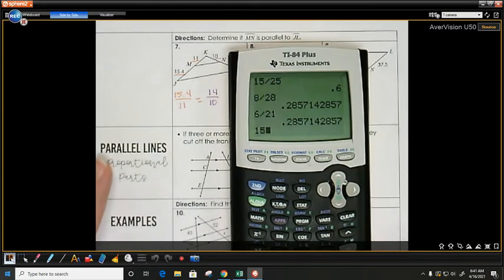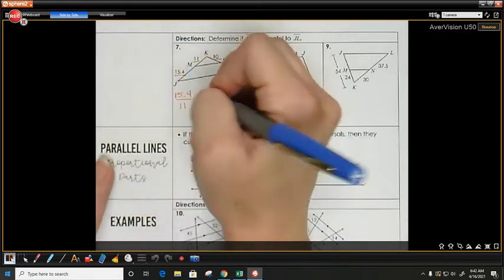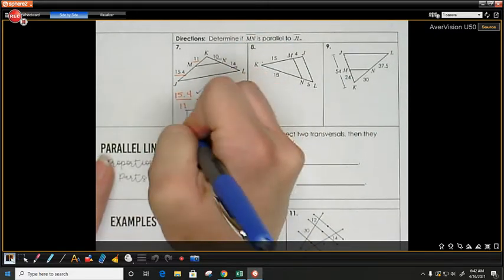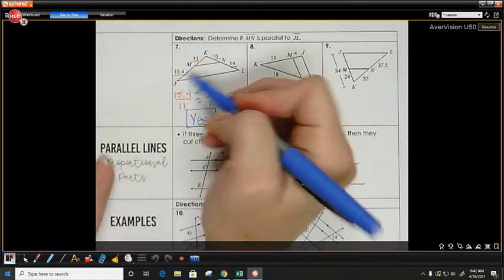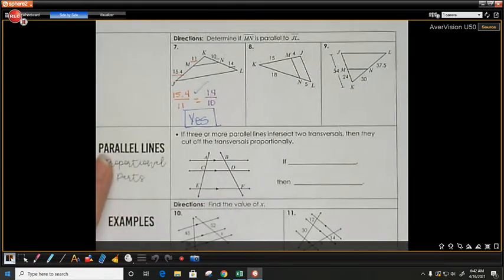So 15.4 divided by 11, is that equal to 14 over 10? And they are equal to each other. So yes, they are parallel to each other. Because again, if the ratio of the pairs of sides are proportional, then the lines are parallel.